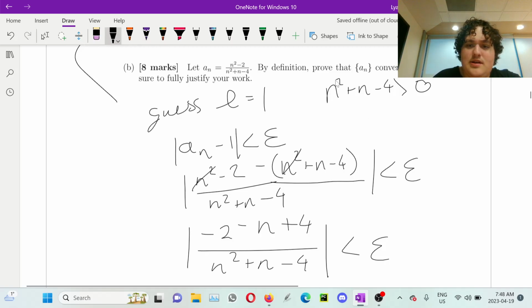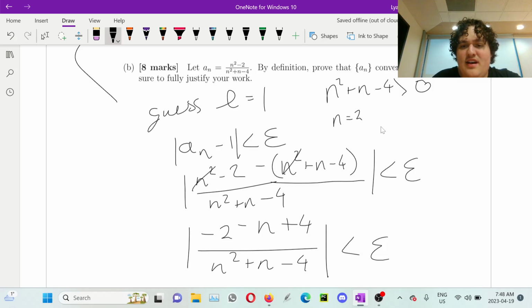However, if we choose n equals 2, we'll have 4 plus 2 minus 4, which is greater than 0. And for bigger n values, it's just going to be even bigger, right?